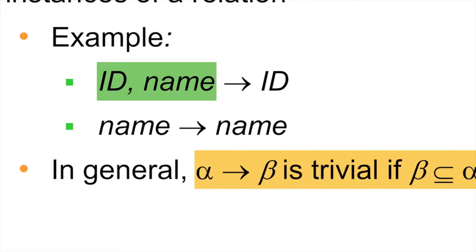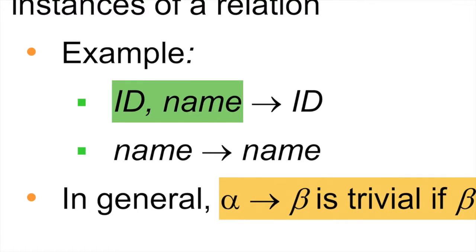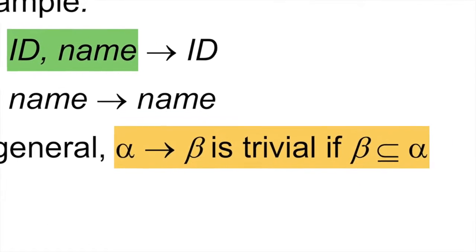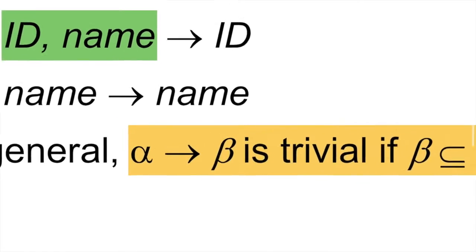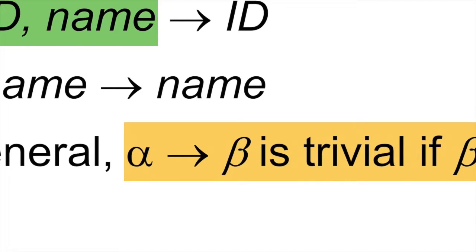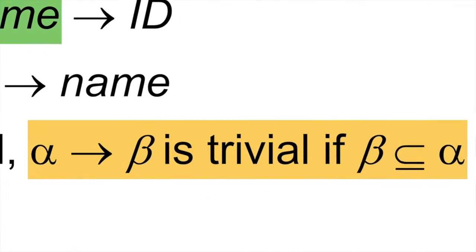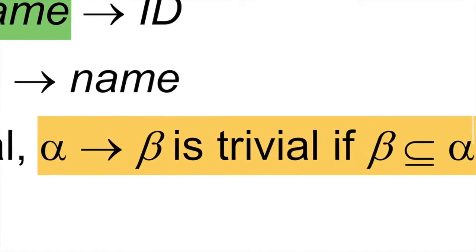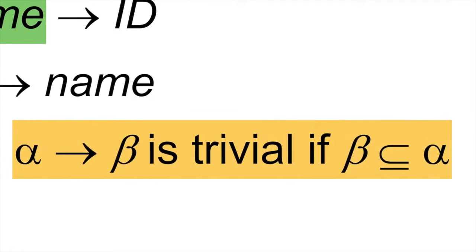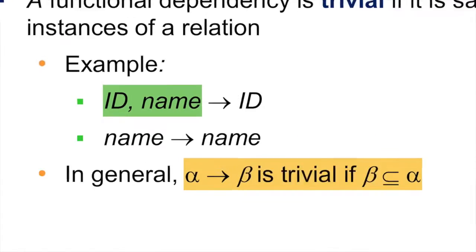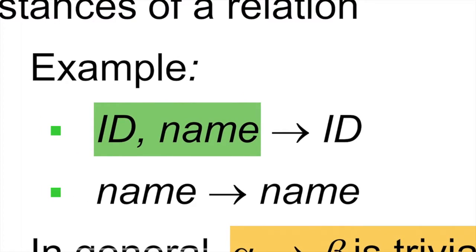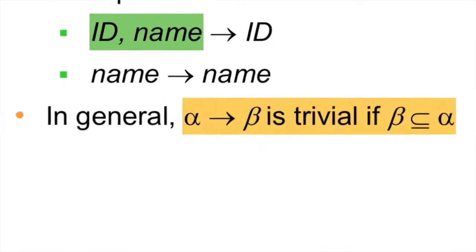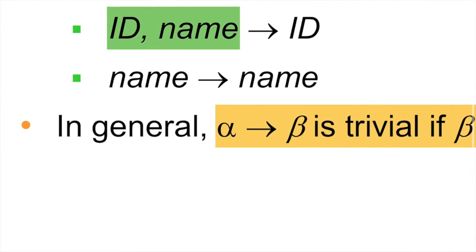So, for example, we have the tuple ID and name uniquely identifies the ID, as well as yung attribute sa sarili niya. So, in general, we can say that a functional dependency from alpha to beta is trivial if beta is a subset of alpha. So, in this case, diba, ID is a subset of ID name. And also, name is a subset equal of name.